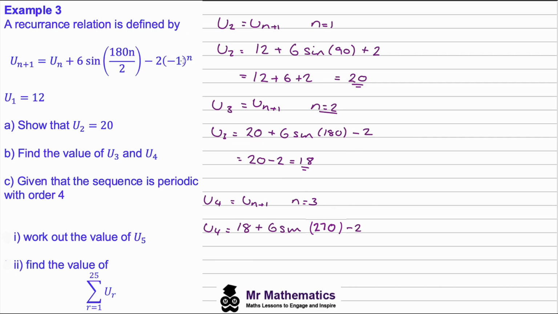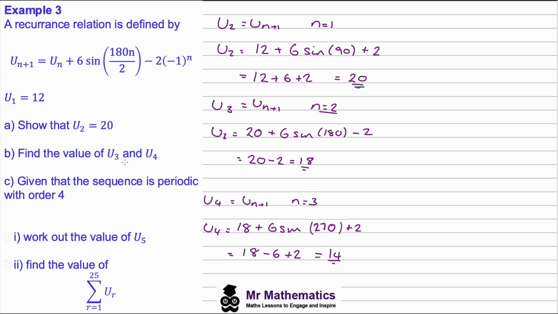And then if n is 3, this term becomes negative 1 cubed, which is negative 1, times that by the negative 2, and we get positive 2. So we'll have 18, so this becomes negative 6, plus the 2. So we've got 12 plus 2, this will give us 14. Okay? So that's parts A and B.